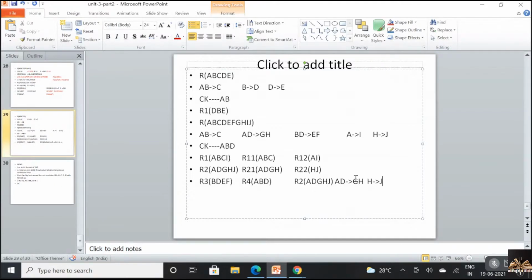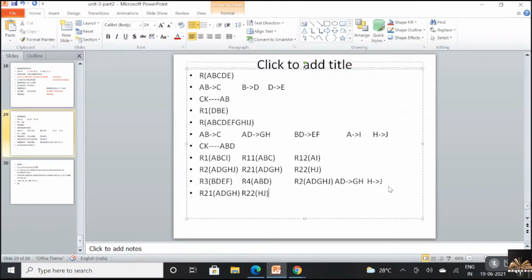So AD implies GH. Is it a violation of 3NF? Yes. Why? Because AD is not a super key and GH is not a prime key. So my R21 would be ADGH and my R22 would be H implies J, which is nothing but HJ.